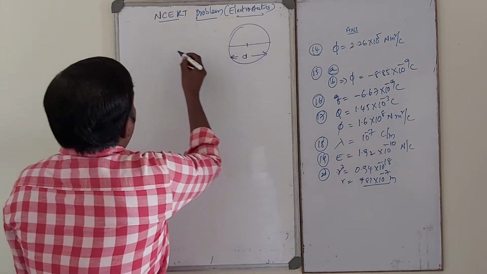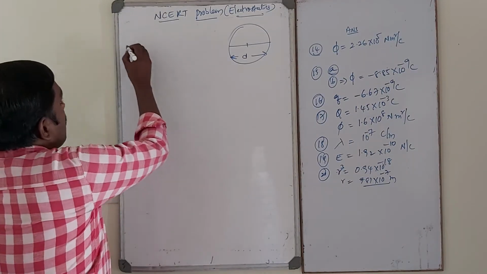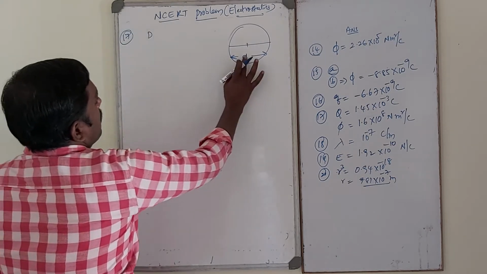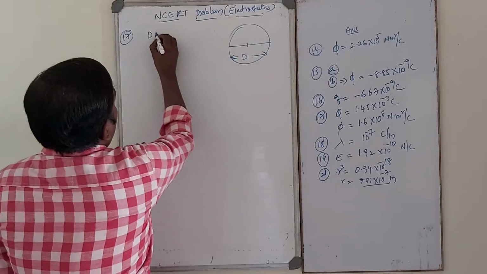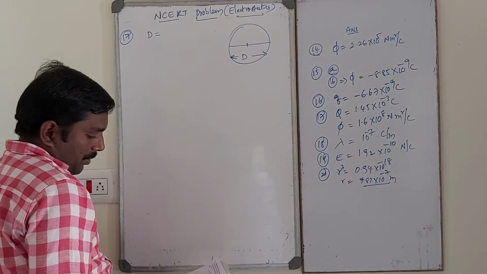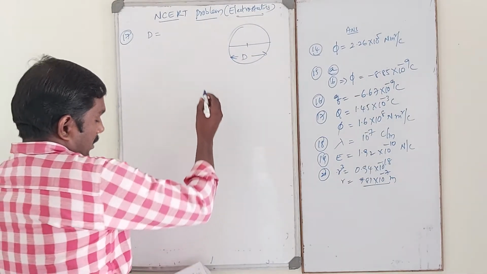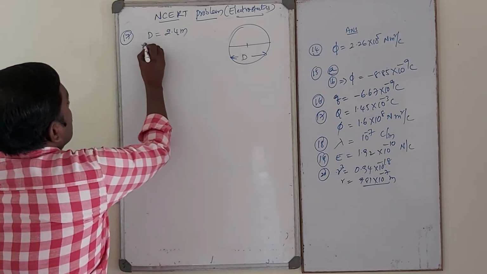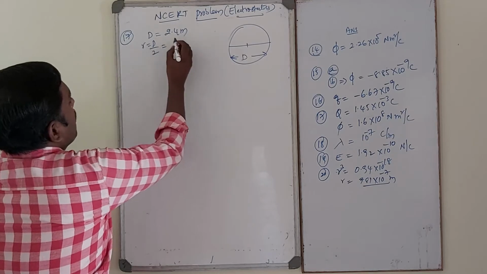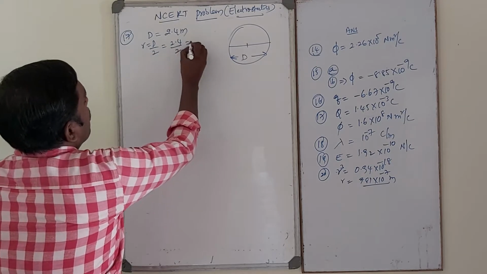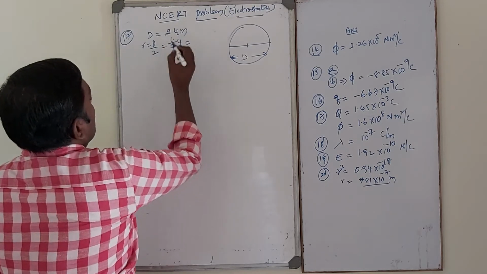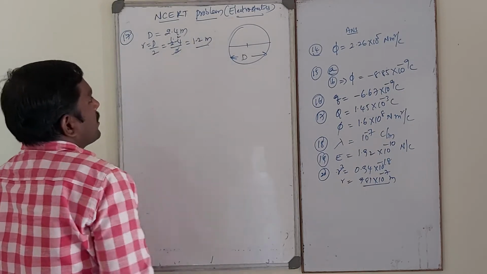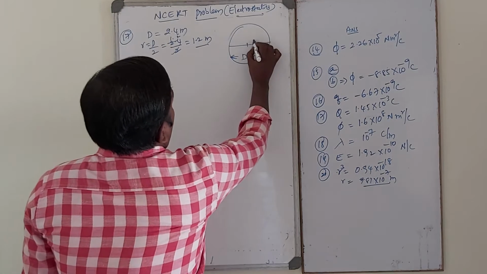So diameter is equal to what value? 2.4 meter. Radius is nothing but half of the diameter. 2.4 by 2, that is 1.2 meter. That is the radius.